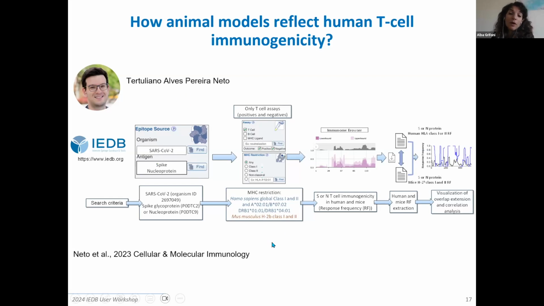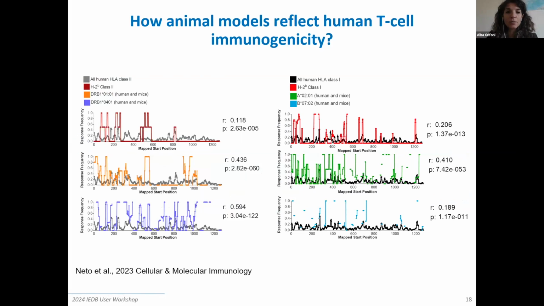In particular, we focused on H2B, and we also focused on transgenic mice. Then we leveraged ImmunomeBrowser to combine this information and provide a heat map of what regions are recognized, whether you look at the human set or the mice set. And so these are the results that we observe.